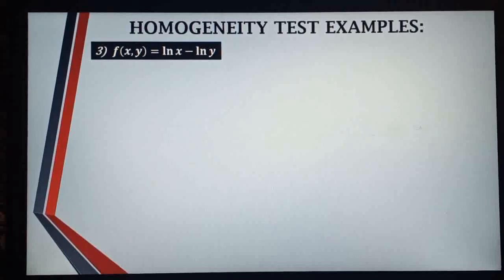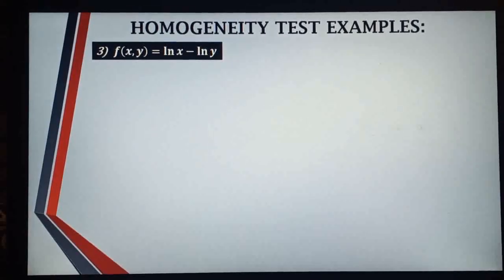Another example, let's say you have a function of x and y equals the ln of x minus the ln of y. If you substitute lambda x and lambda y as is, you cannot get the original equation. So you need to simplify the equation first. In that case, since the difference of the two ln is equivalent to the ln of the quotient, this will be ln of x over y.